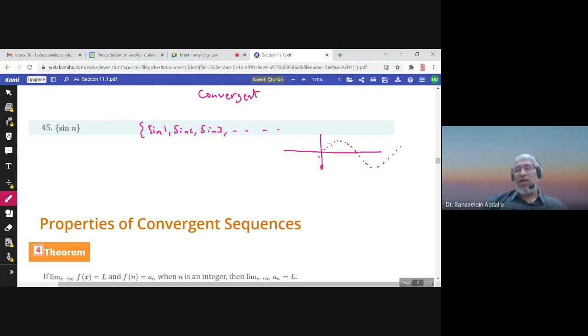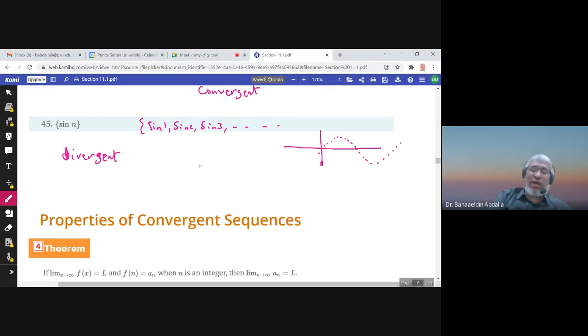It oscillates between 1 and -1. So when n goes to infinity, it would be a number between -1 and 1, but it doesn't approach a single number. So this sequence is divergent because it does not approach a single number. It oscillates between 1 and -1.